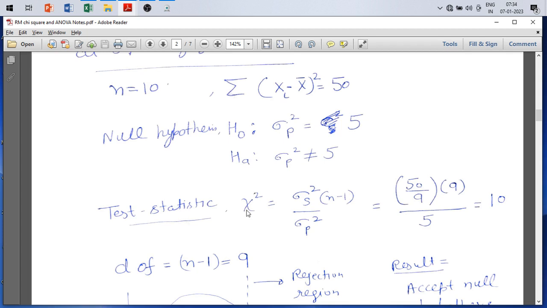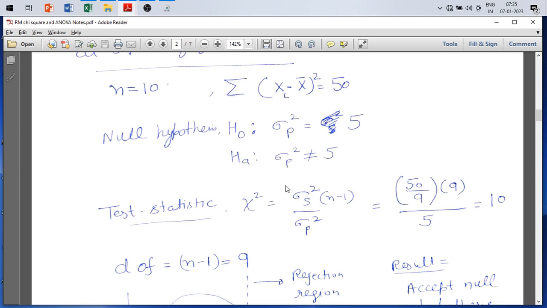In this case, the chi-square definition takes this form: s square, the variance of the sample, times n minus 1, divided by the variance of the population. This is how chi-square is defined.